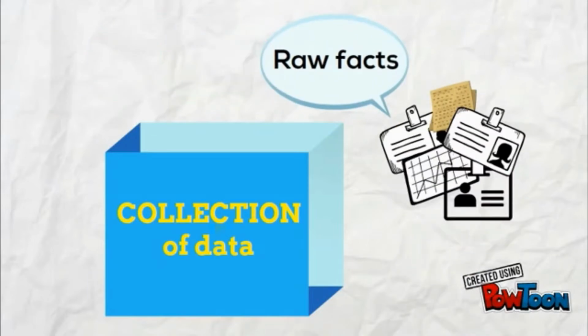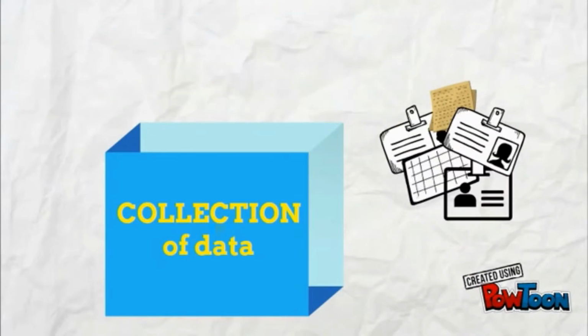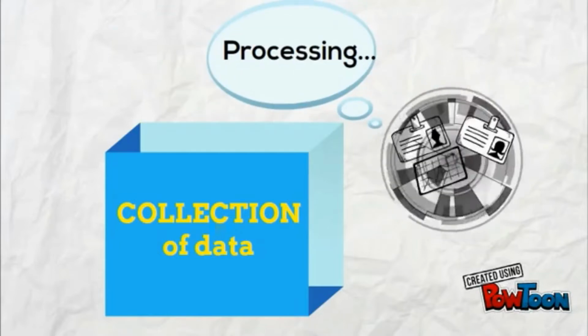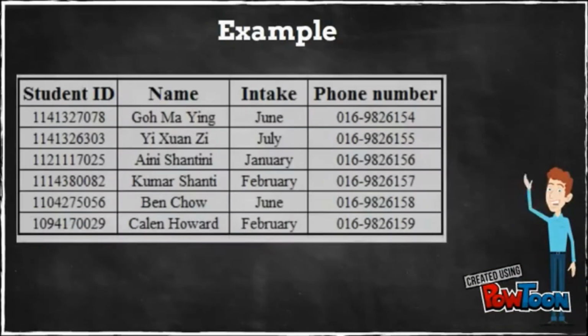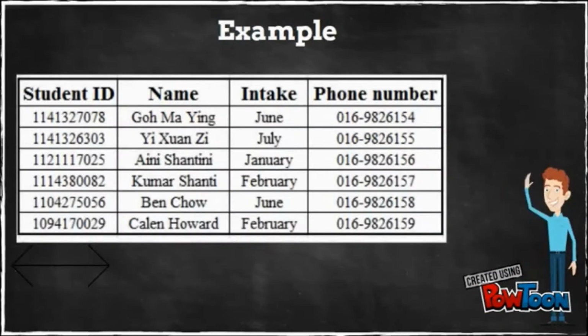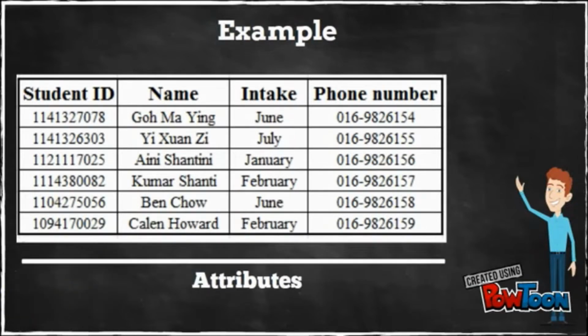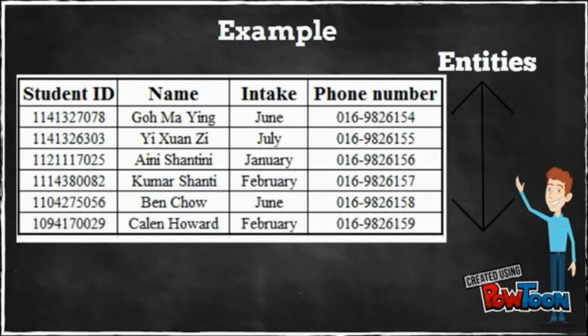In order to transform data into useful information, it must be organized in a meaningful way. This is a key field, such as student identity numbers, and these are attributes, which are also fields of the database. While these are the entities, which are also the records.